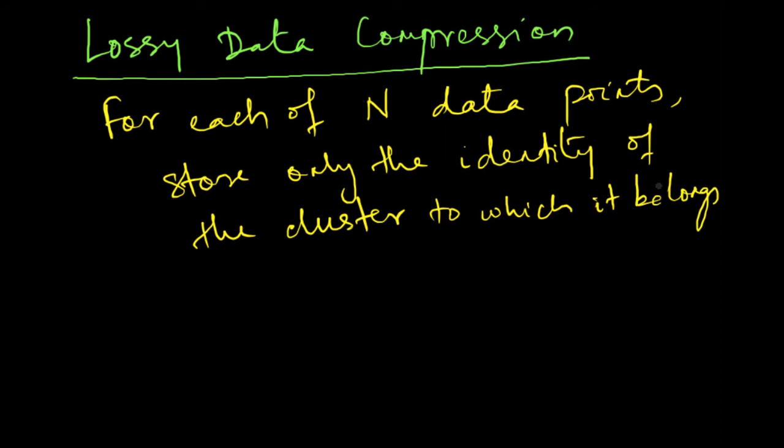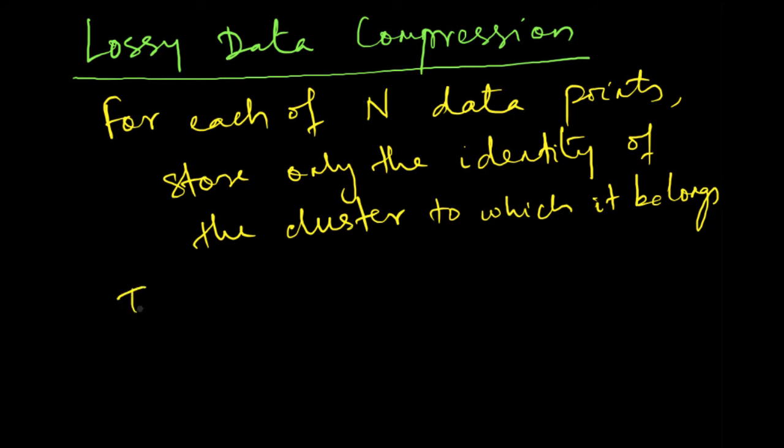Now this is lossy because once you have stored only the cluster information, you can no longer recover what the original data points were, but if the cluster information is sufficient to do your job, then you don't need to worry about storing the entire information about all the data points.